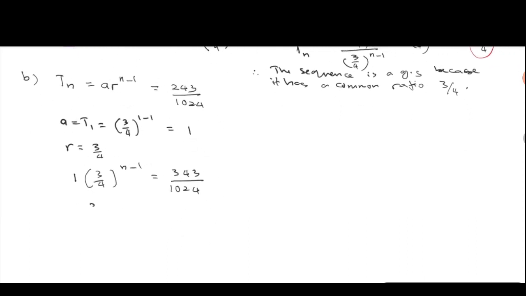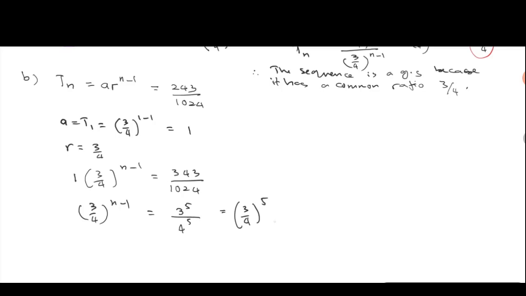So on the left side, we have 3 over 4 raised to the power of n minus 1. On the right side, we can write down 243 as 3 to the power of 5, and 1024 is 4 to the power of 5, which is equal to 3 over 4 raised to the power of 5.